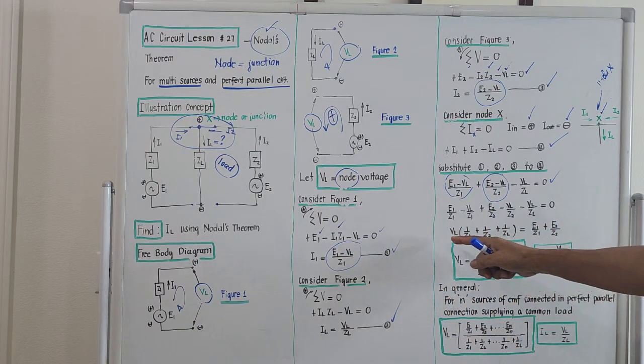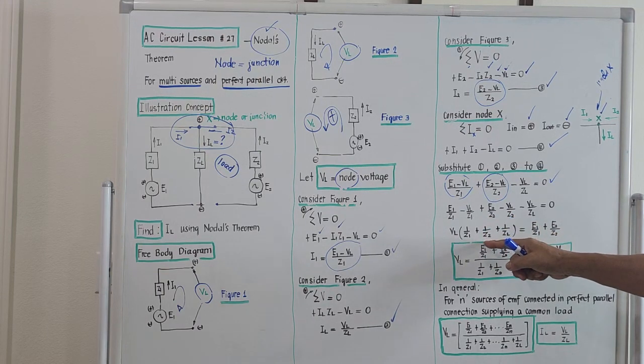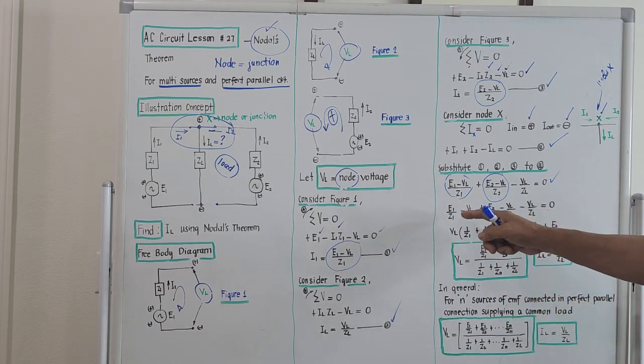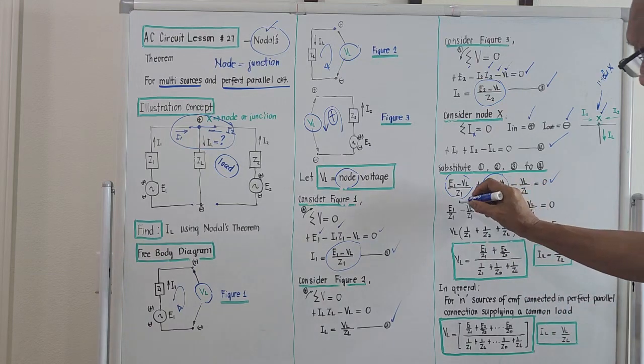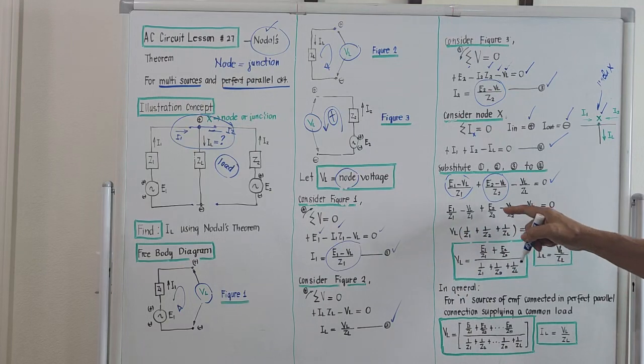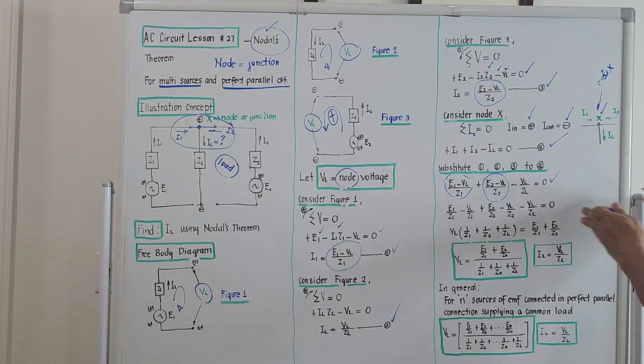So B sub L common factor times 1 over C1 plus 1 over C2 plus 1 over CL, close quantity, equal to what remains on the left, which is E1 over C1 and E2 over C2, but we placed it already on the right after the rearrangement. So on the right hand side, it will be E1 over C1, E2 over C2.